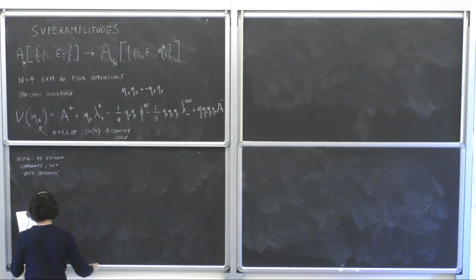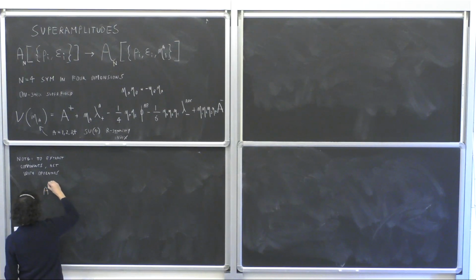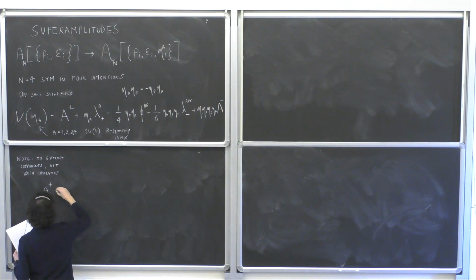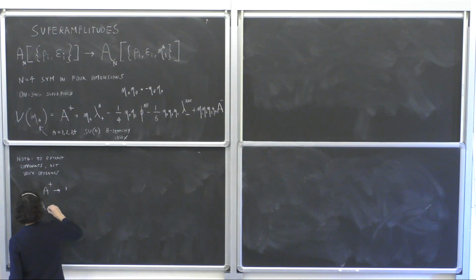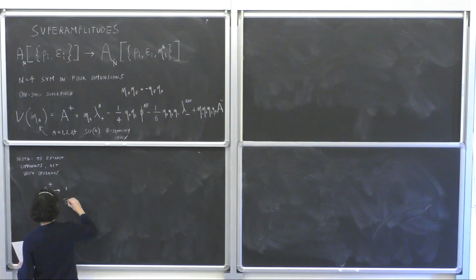And the operators are defined, I mean, if you want to extract a component A plus, of course, that's the identity operator. Lambda plus with an index A becomes a differential operator in the Grassmann variables.